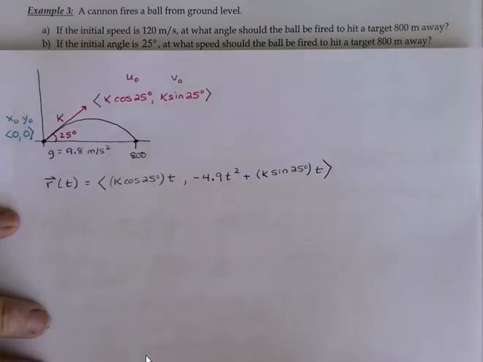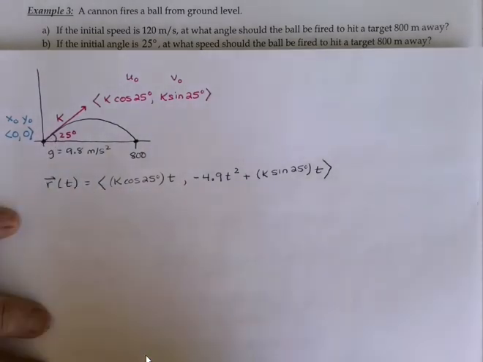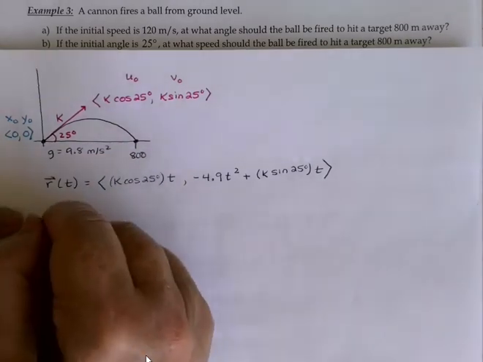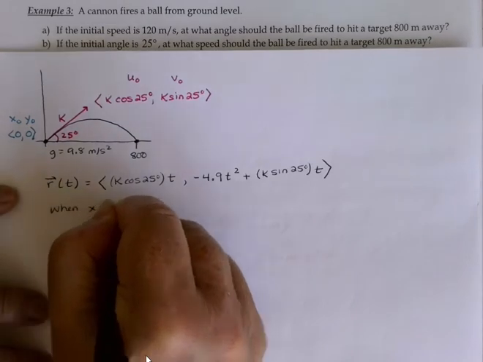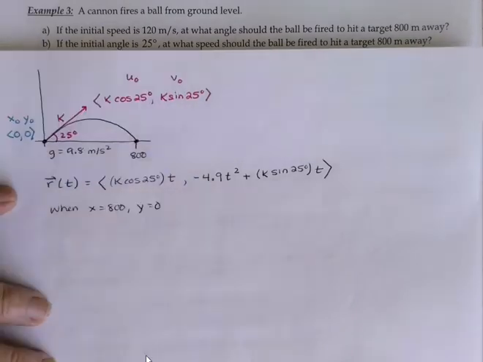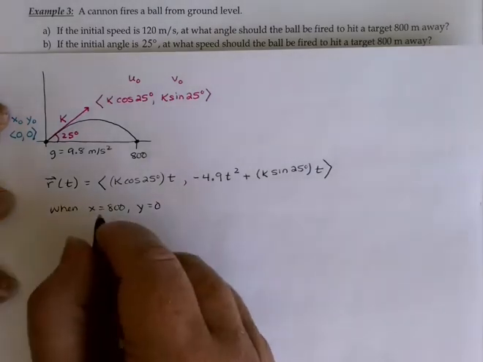Again, my goal is to figure out what k is, what the speed is, so that this object lands at 800, 0. So I'm going to say that when x equals 800, y equals 0. So once again, let's set up a system of two equations.